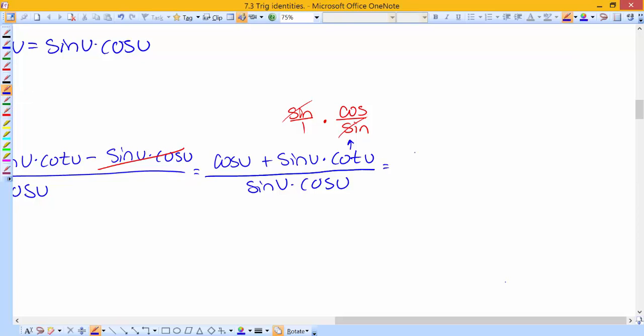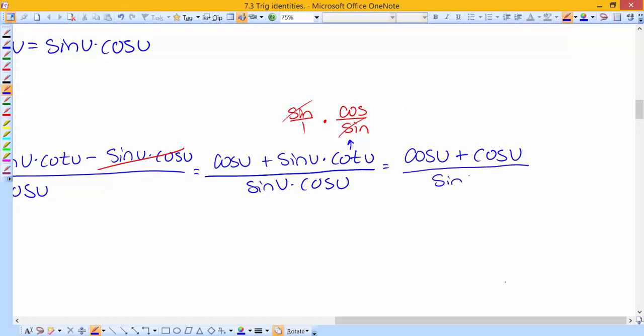So now I have cosine of u plus cosine of u. Isn't that weird that sine times cotangent is just cosine? You are making it simpler. But if you don't recognize when you can use identity and quotient and Pythagorean identities, you are very much going to struggle with this.